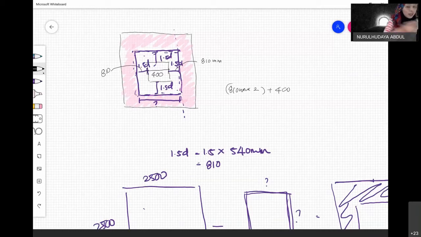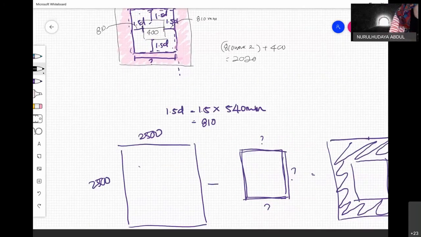So you dapatlah berapa value dia. 2020. So ini adalah panjang pada sisi ni lah. Which is this one lah. 2020. Okay. So ini yang kita buat. So kita akan kira area kotak luar, tolak kotak dalam, dapatlah area yang affected by punching shear.